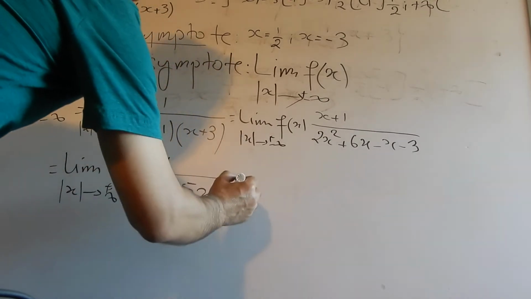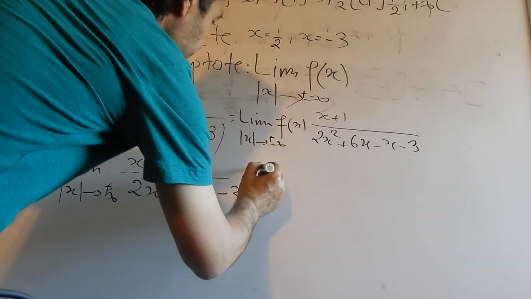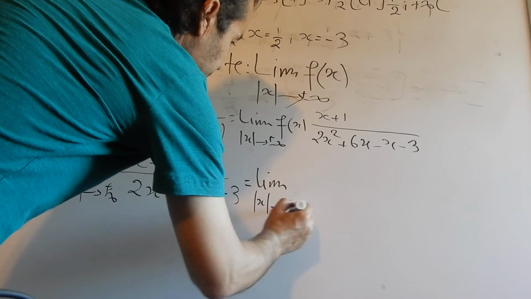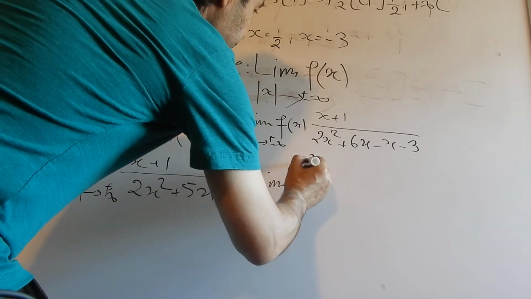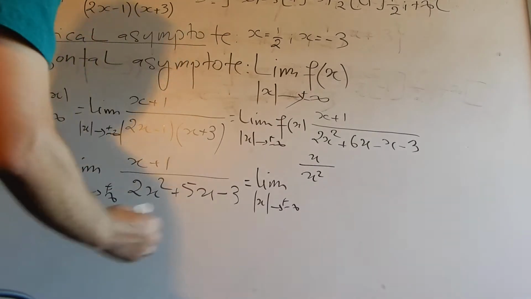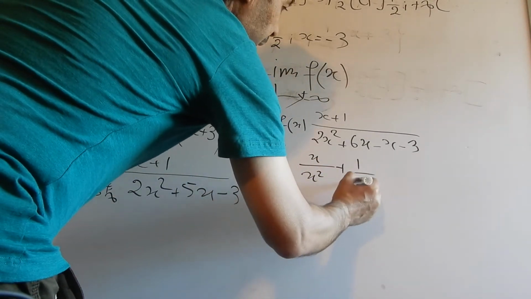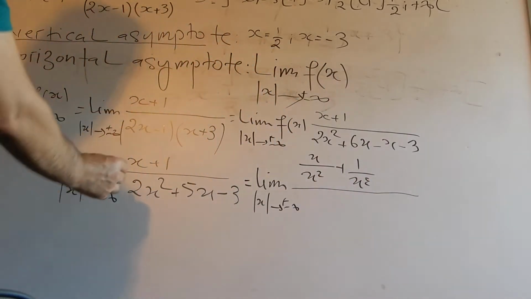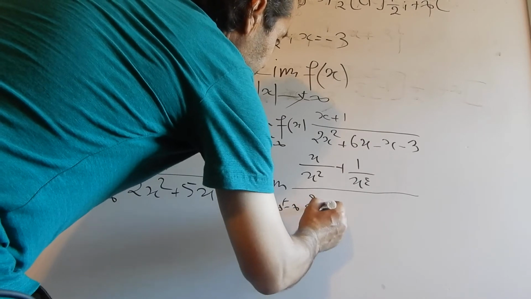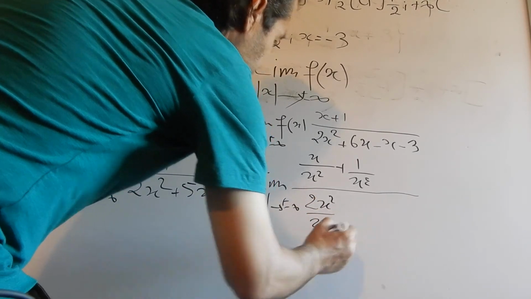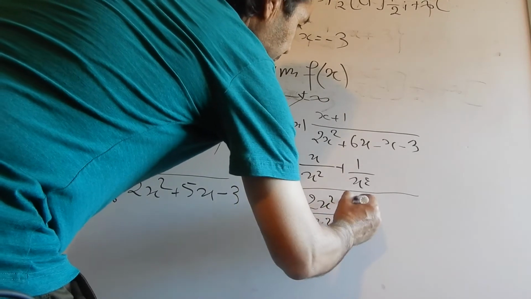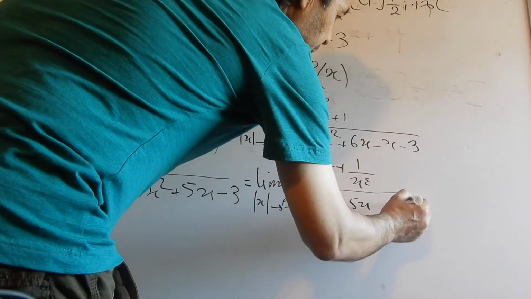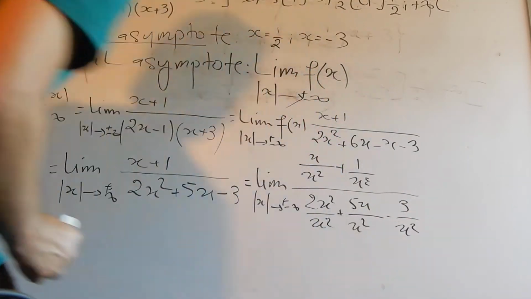Which is going to give me the limit of x over x squared plus 1 over x squared, all over 2x squared over x squared plus 5x over x squared minus 3 over x squared.